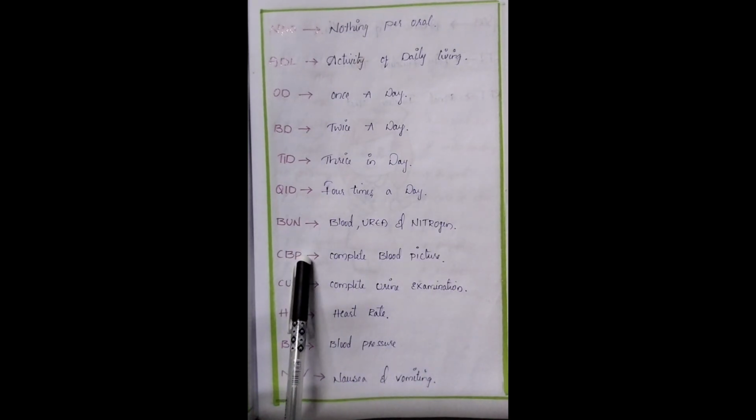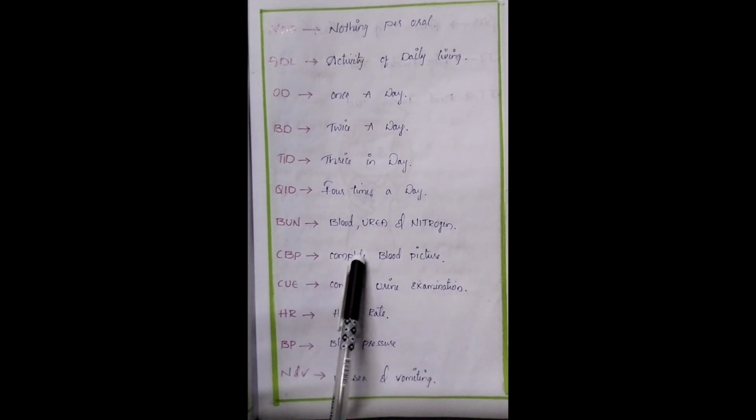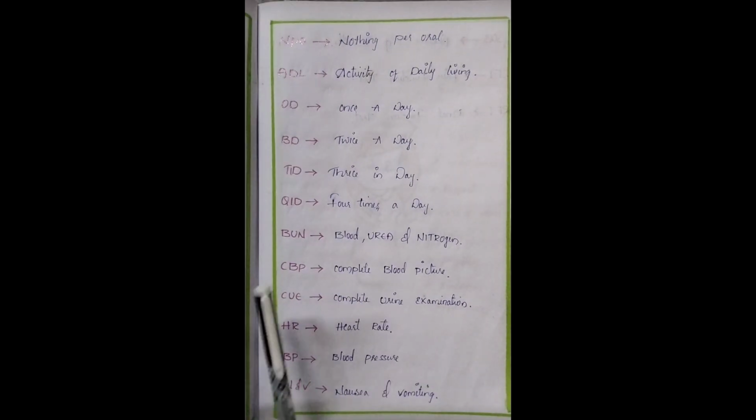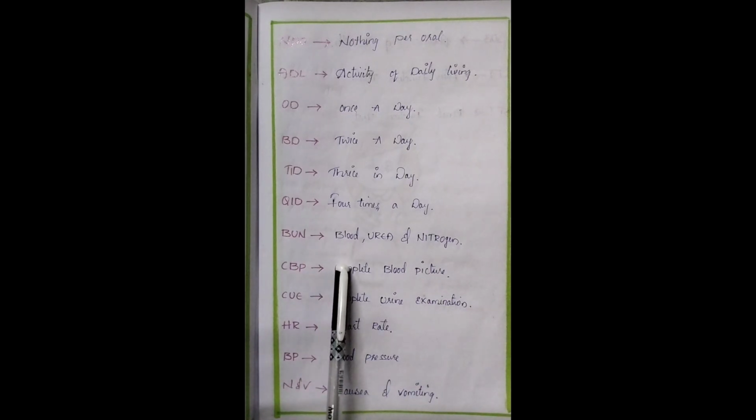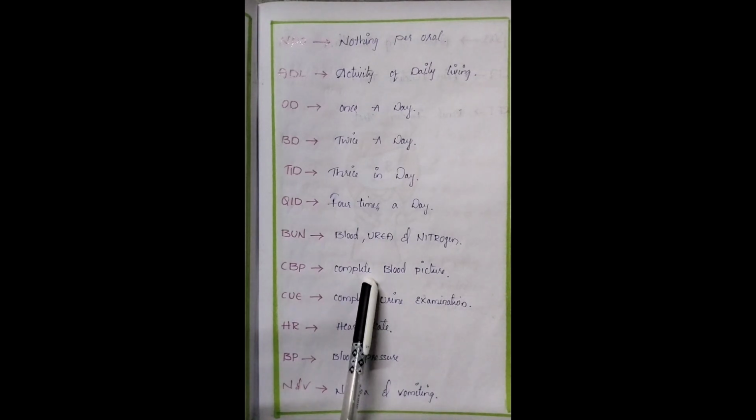Next, CBP means complete blood picture, or it is also written as complete blood count. It means what is the composition of blood? Composition of blood is plasma and formed elements.